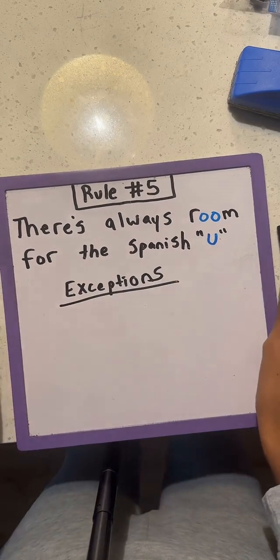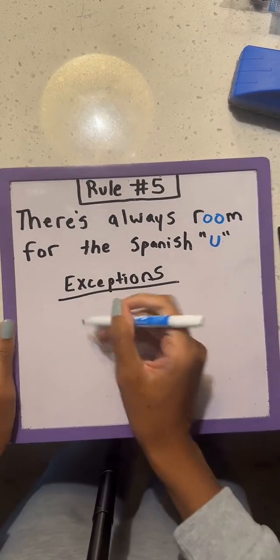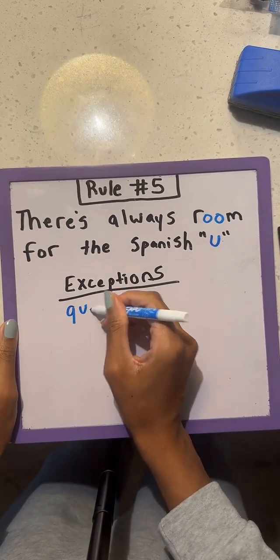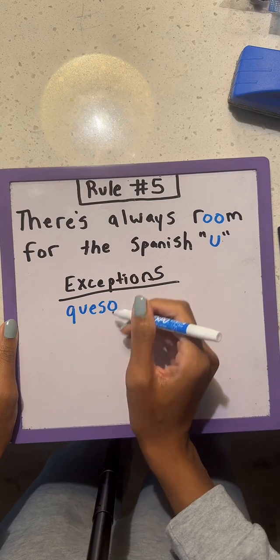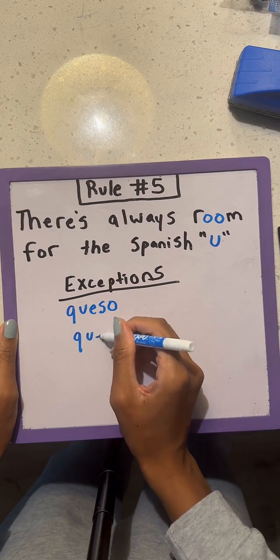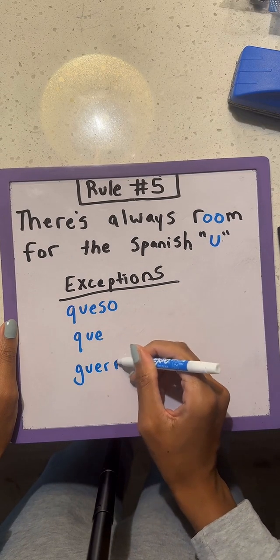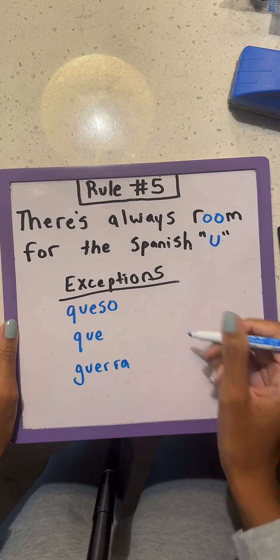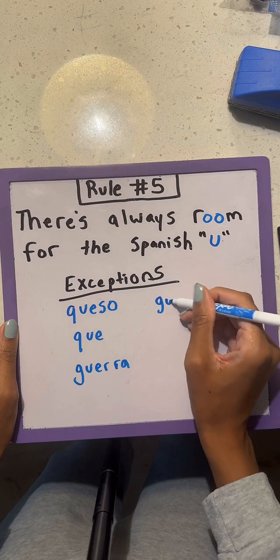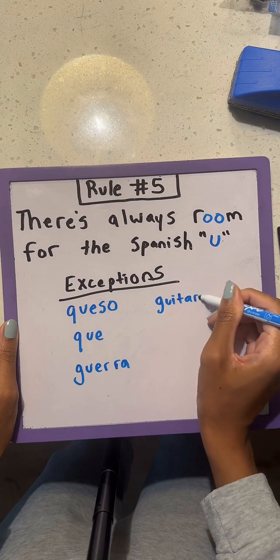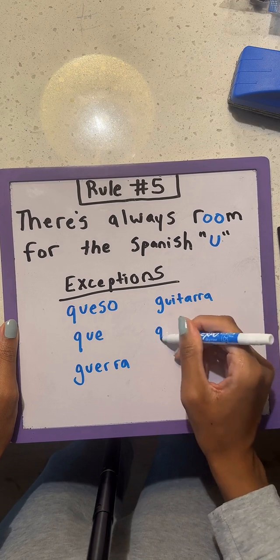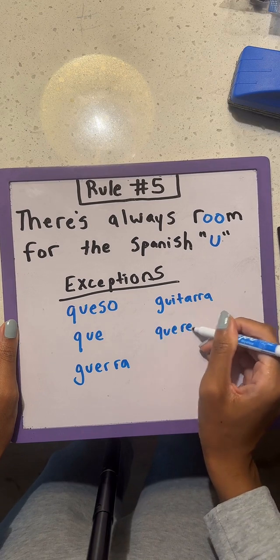So let's say, for example, you see the word queso. What if you see this word, que? What about the word quiera? What about the word guitarra? What about the word querer?